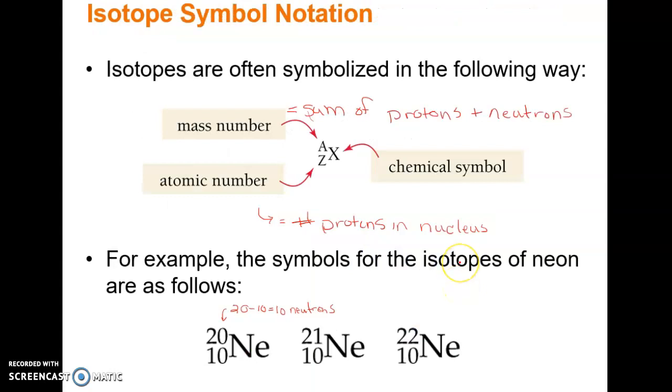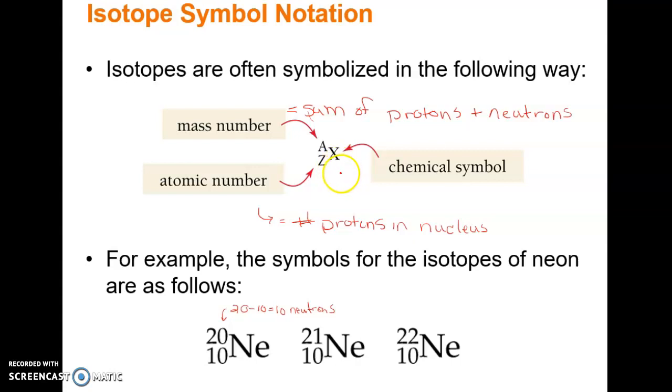All right, so it's important to be able to show the number of protons and neutrons using atomic notation, sometimes called isotopic notation or isotope notation. So you might see it different ways if you look this up. Isotopes are symbolized in the following way. You have your elemental symbol, where they're using X, this could be calcium, whatever.